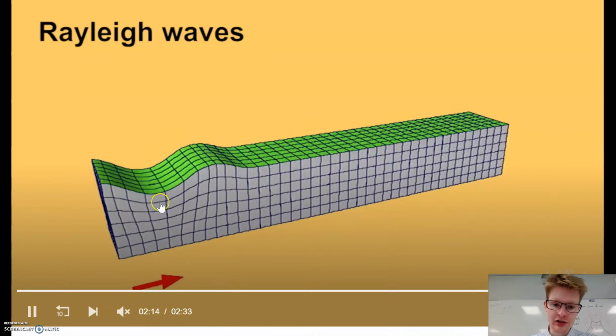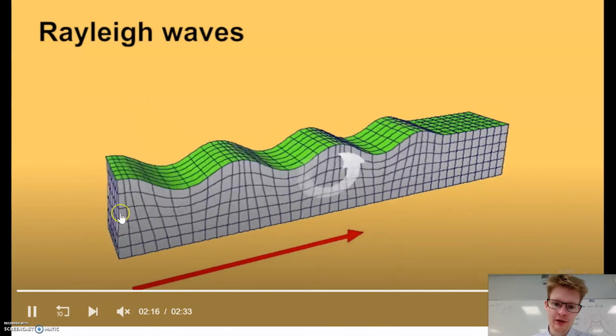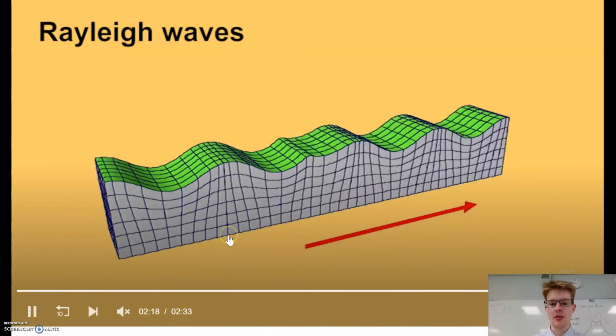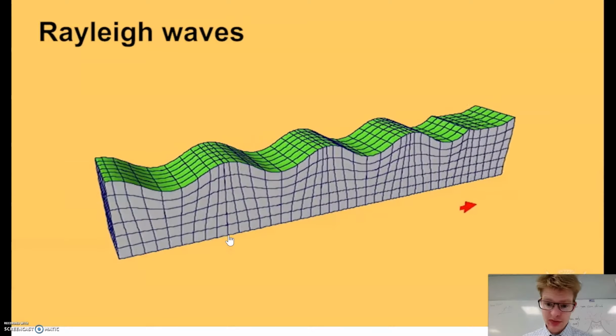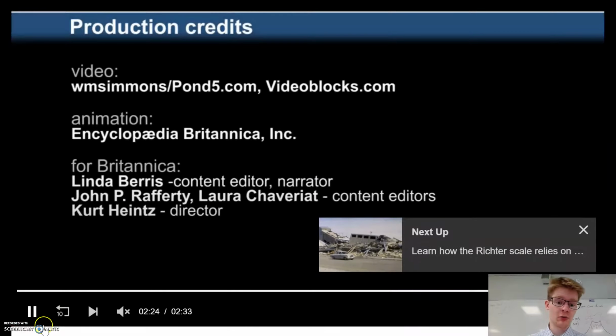Remember, those particles aren't just moving up and down, they're moving back and forth as well. So these are the most deadly type of waves. These are what cause the most destruction, and we only know when this destruction is going to occur about 5 or 10 minutes earlier, when we see P waves and S waves. That's all. That's as early as we can predict an earthquake.